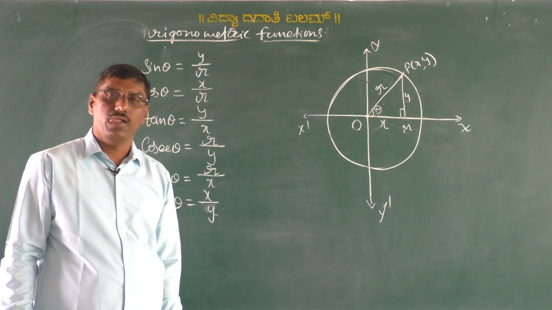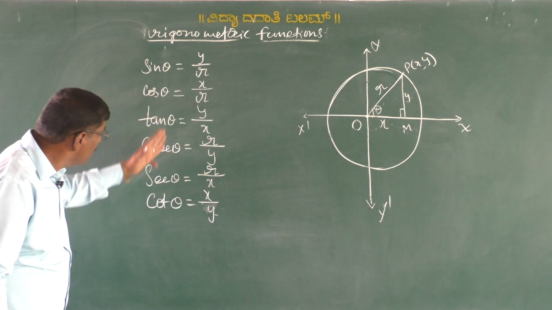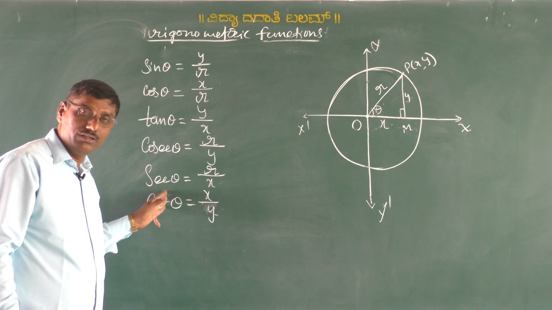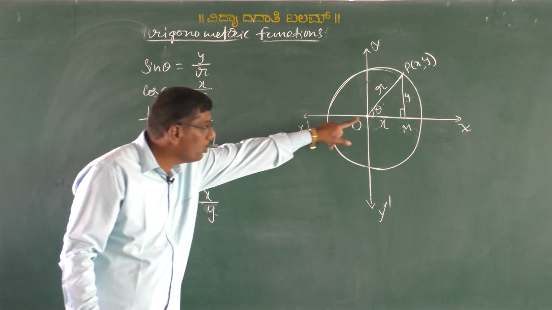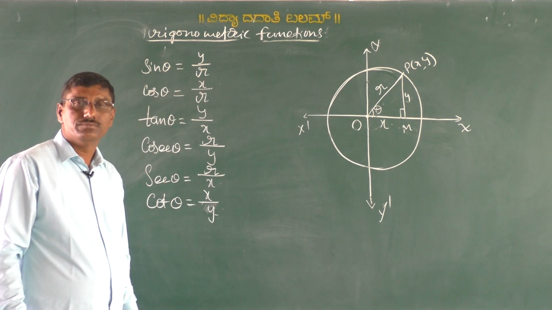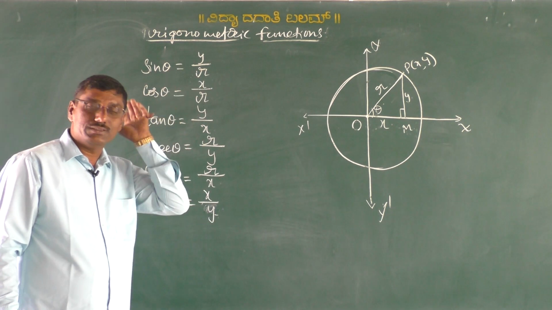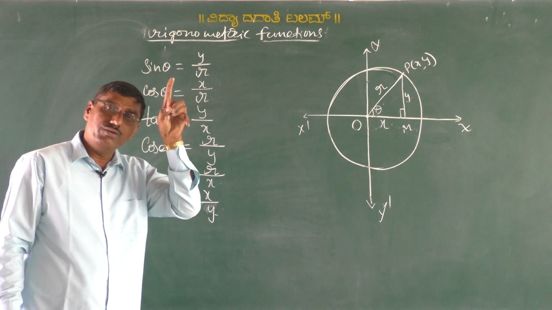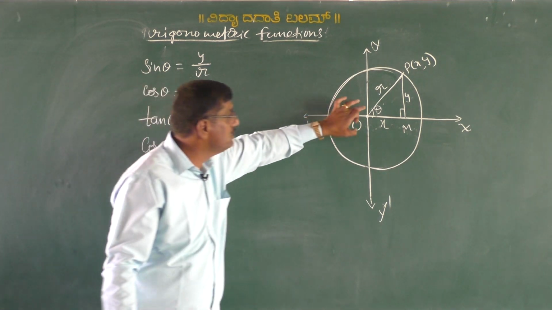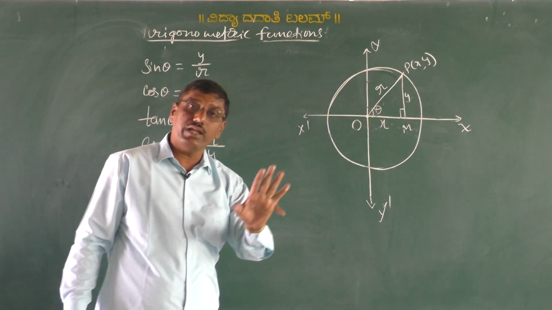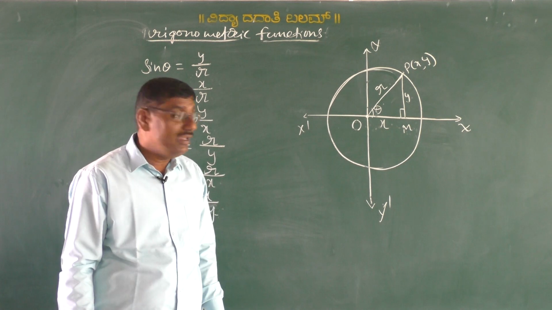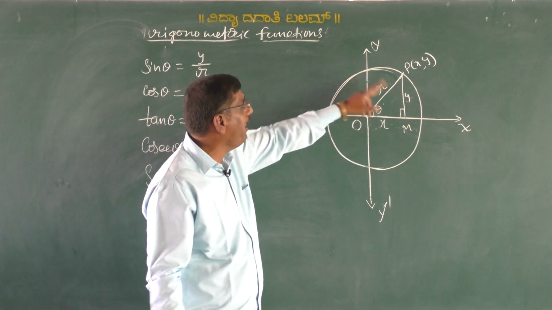These are also trigonometric functions. Here we defined with respect to an acute angle like this. But in the first definition, we defined by using a right angle triangle. Here also this is the shape of a right angle triangle, no doubt. But here we can define for any angle.